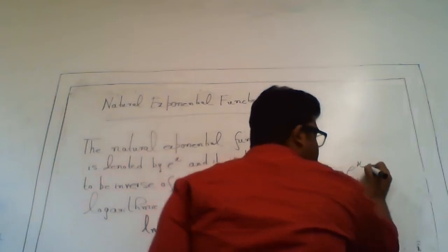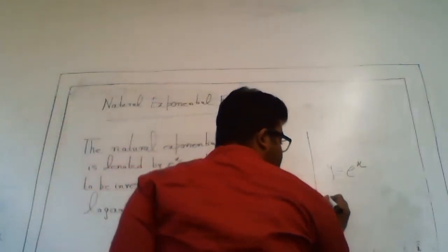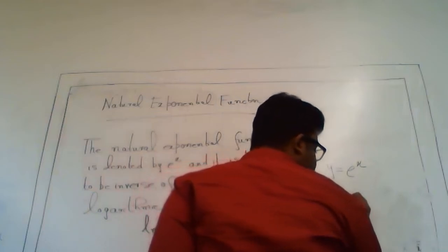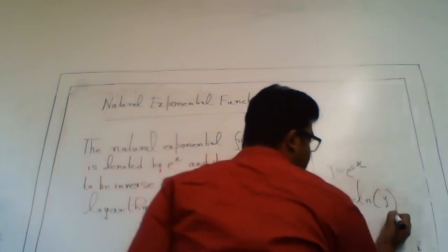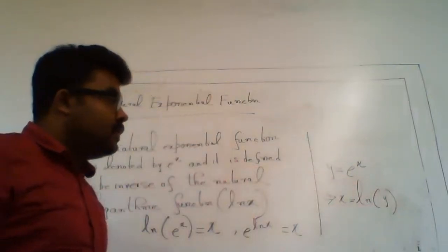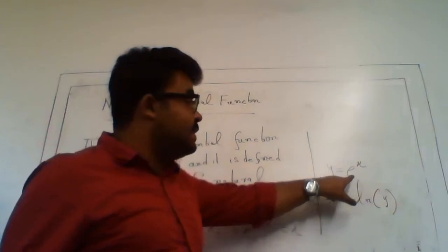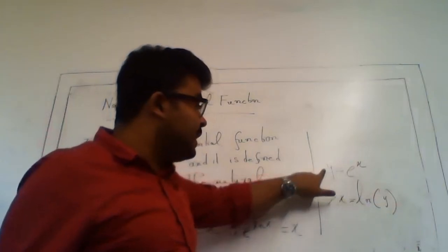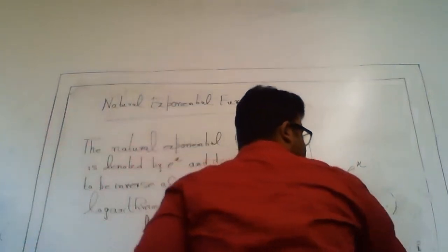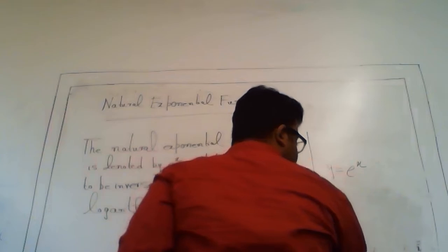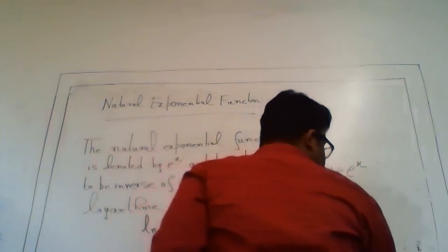If I have y equal to e to the power x, then this statement can also be written as x equal to ln y, right? So you can understand it in this way. If I take this e there, it will become ln. So this statement is the same as ln y equal to x.